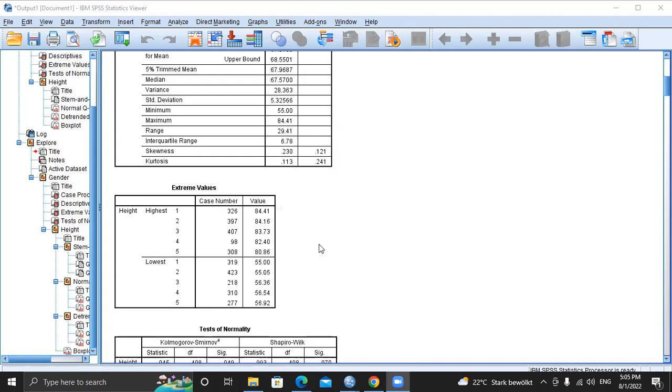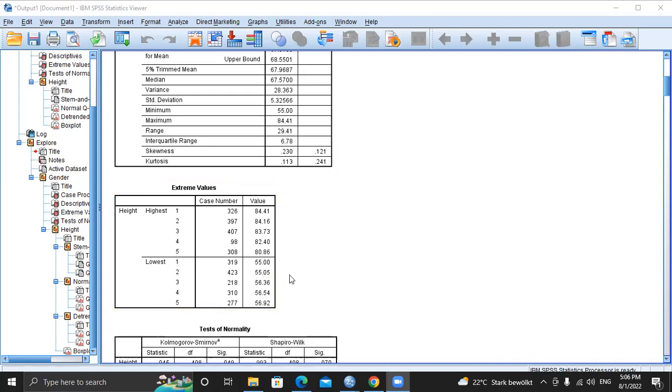So we seem to have a few extreme values. Participant 3, 26, a height of 84. Those are the top 5 highest values and the top 5 lowest values.